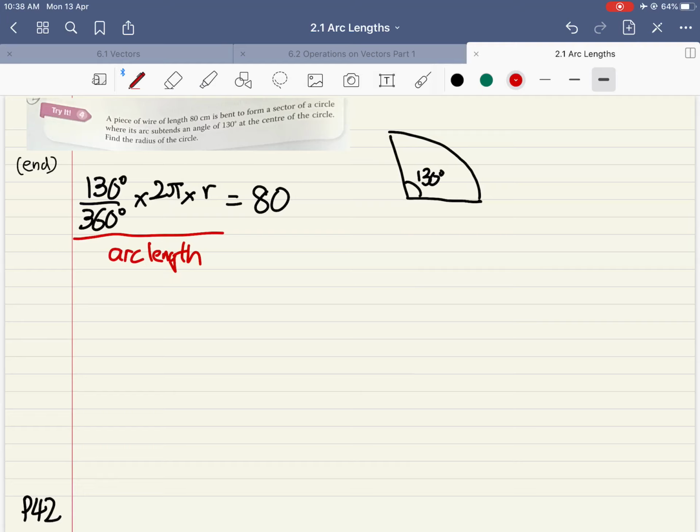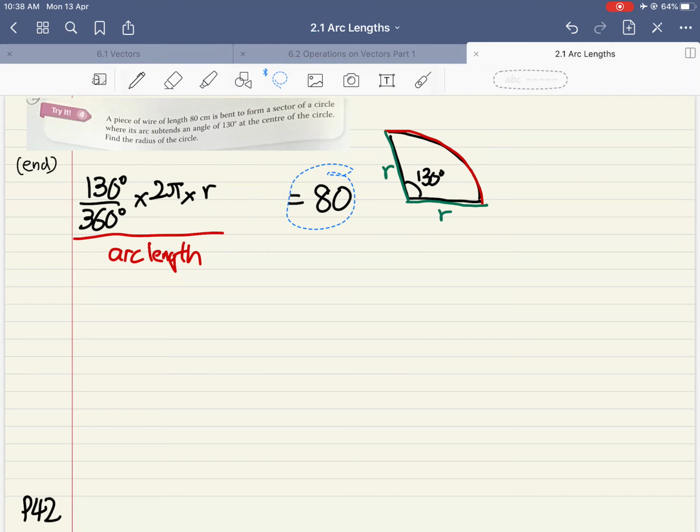What am I still missing? Don't forget the wire is bent to form a sector. It means the wire is not only made up of this arc length, it is also made up of these two portions in green, the radius and the radius. So I need to modify my equation here.